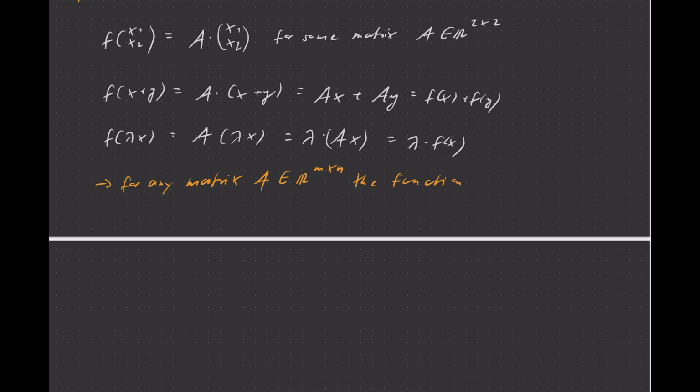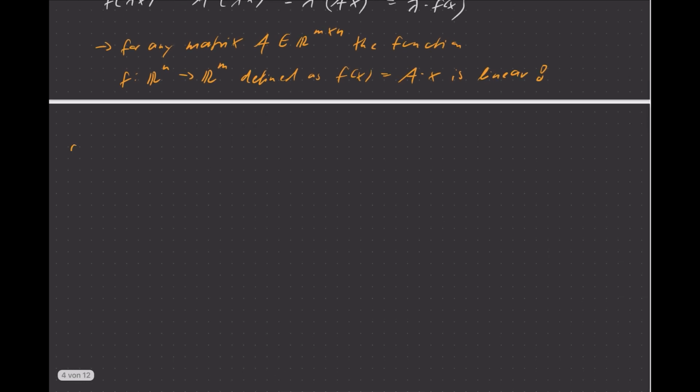The function f that would then map R to the n to R to the m, defined as f of x equals A times x, is linear. So here's a large class of linear functions that are defined as matrix times vector.